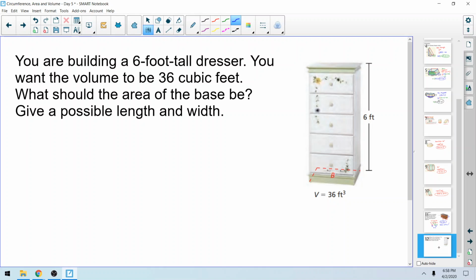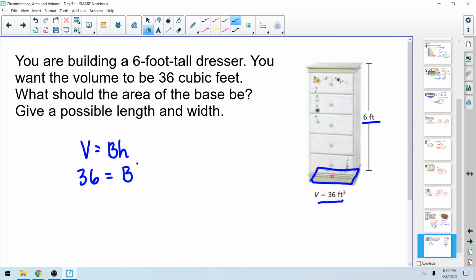Okay, so let's think about this. Here I've got my base. They want to know what the area of the base has to be. We know the volume. We know the height. So I know that volume equals area of the base times the height. Well, the volume is 36. The area of the base, I don't know.